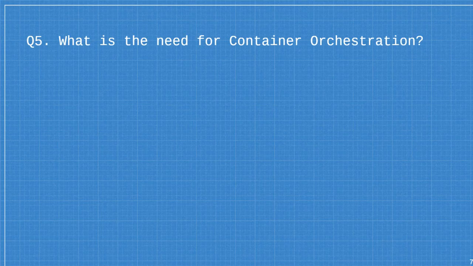So it's the fifth question. What is the need for an orchestration tool? Think about the scenario where we don't have Kubernetes or another tool. We can have simple Docker.